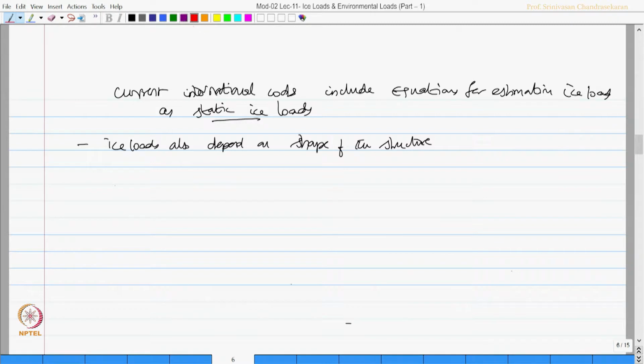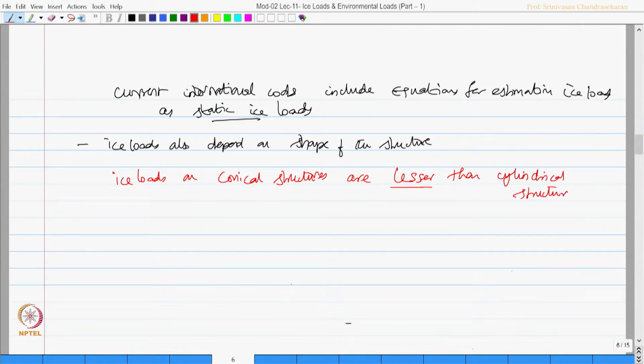Studies show that ice loads on conical structures like pyramids are lesser than cylindrical structures. So, that is given by a good reference, Sanderson 1988.